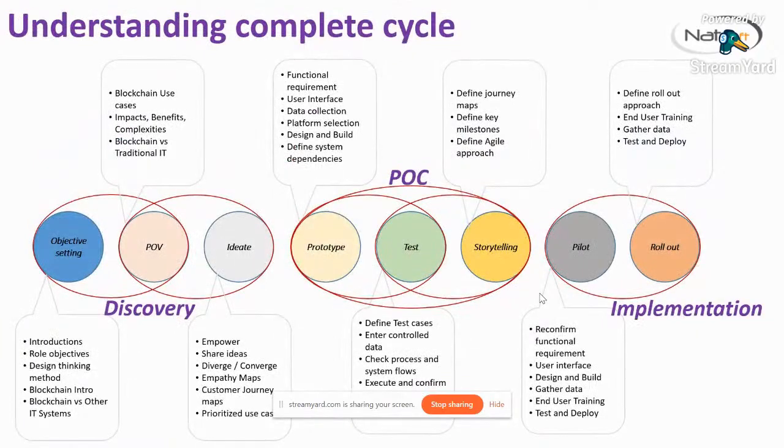And now let's look very holistically at what could be a methodology applied in the whole implementation of blockchain. So you begin with objective setting. You do a number of steps in a discovery workshop where you do ideation, you do a point of view, you compare what else has happened in that industry, what pain points are being seen and unaddressed in the industry for a long period of time, and then you compare whether blockchain gives you any edge compared to traditional IT, or whether blockchain enables you to put a platform on which AI could be very effective, on which IoT could be very effective, and a combination of technologies can give you the benefits.